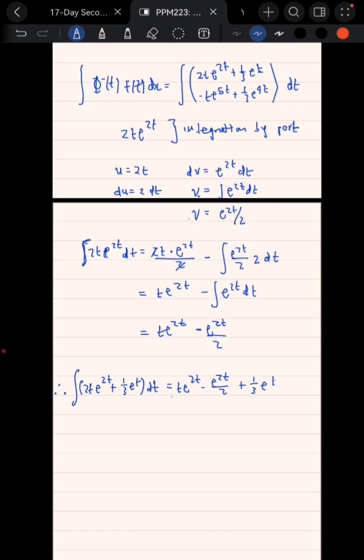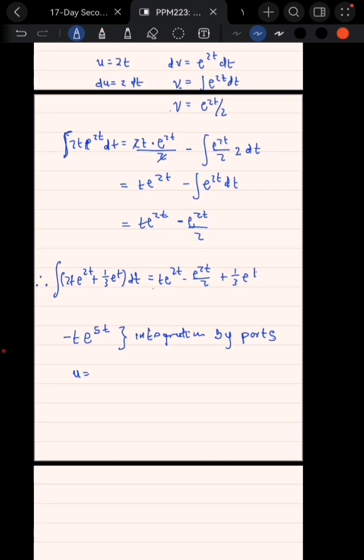Integrate. Similarly, we are going to integrate the second row, minus e to the power 5t. Utilize integration by parts. u will be equal to minus t, dv will be equal to e to the power 5t dt.